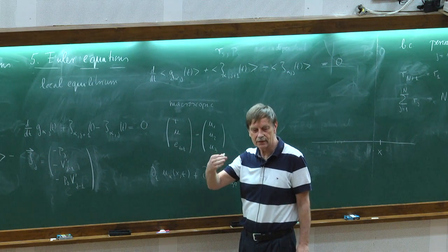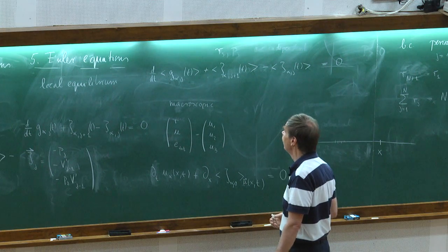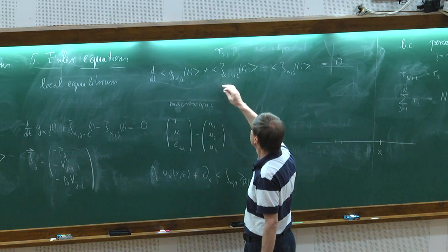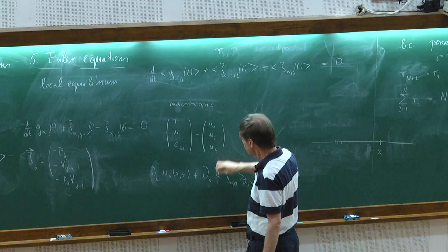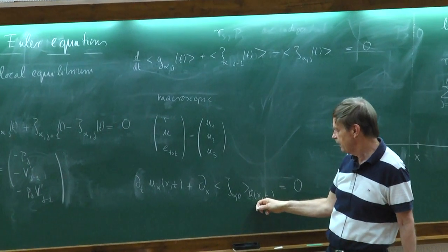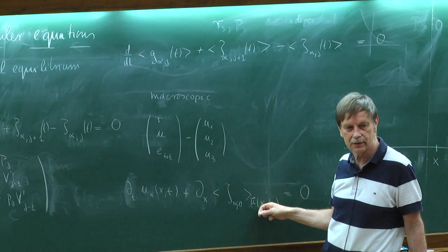The question is, where do I shift that? Here, what I'm saying is that I put the x dependence into this parameter simply.